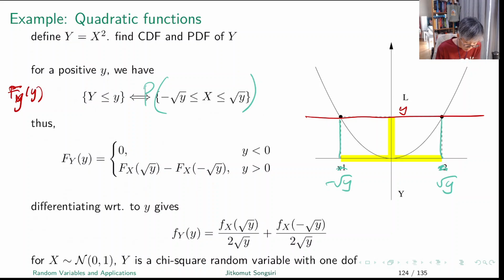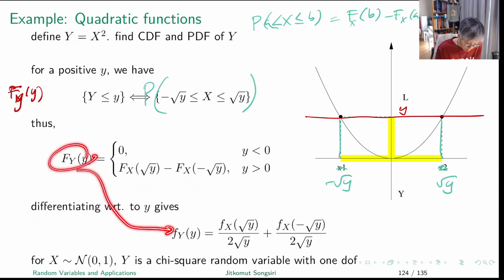You know that when the probability of a < X < b is F(b) minus F(a), so I get this expression. You have derived the CDF of y as an expression of the CDF in x, but with dummy variable small y. To get the PDF of y, you take the derivative with respect to y.